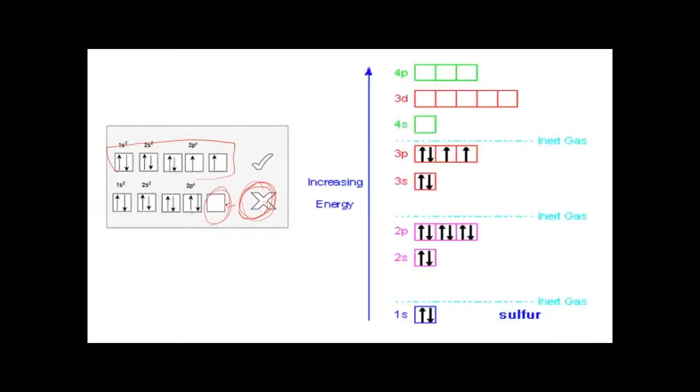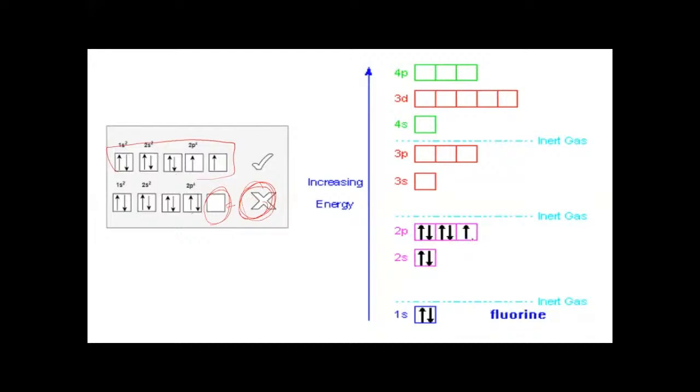So here is the filling of electrons in orbitals. See here: 1, then pairing; 1, then pairing; 1, 1, 1, that is Hund's rule. Pairing, pairing, pairing.